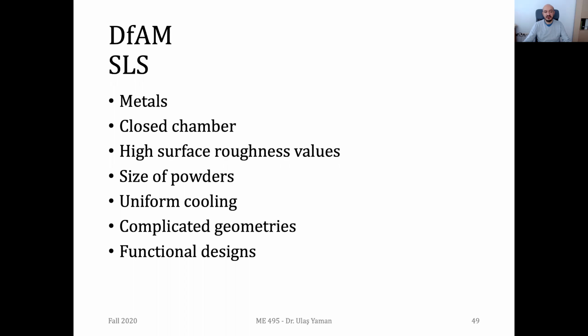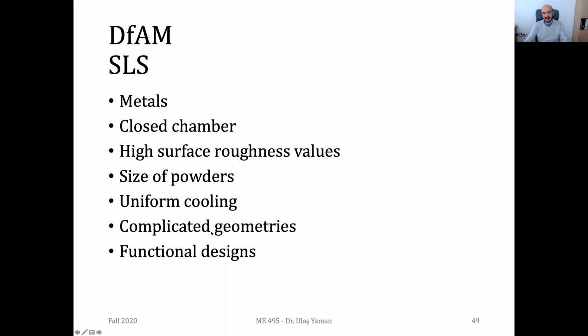It's better to do all of these in as uniform a manner as possible. Otherwise, you will have some thermal stresses develop. You may have some cracks initiated due to these temperature differences between specific regions. And this is one of the biggest challenges in SLS and SLM kinds of additive manufacturing processes.